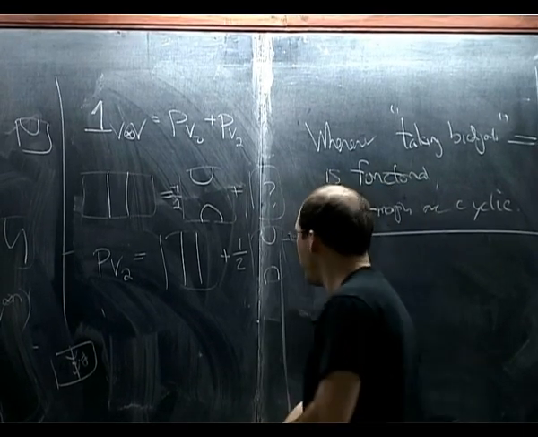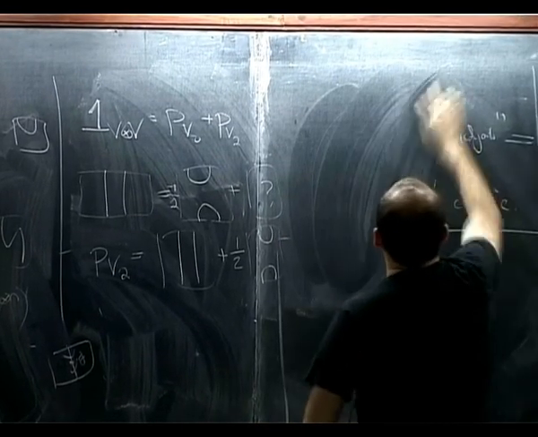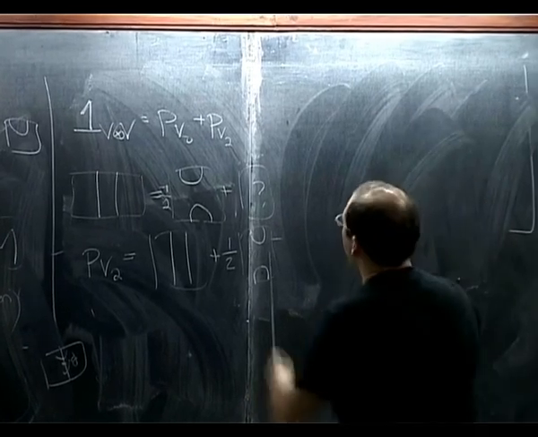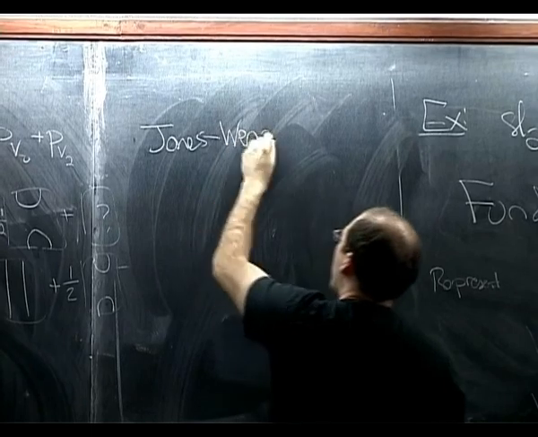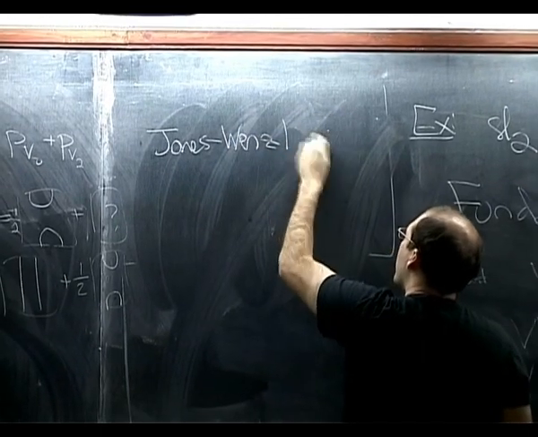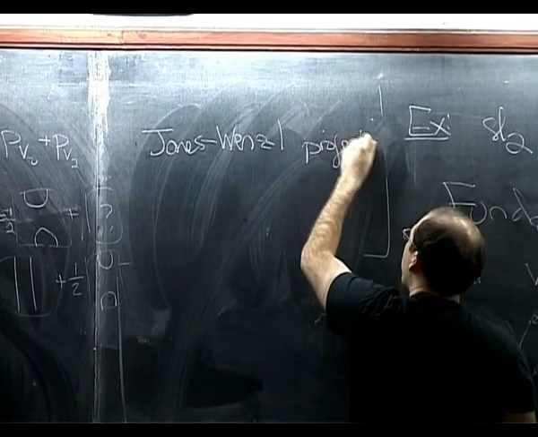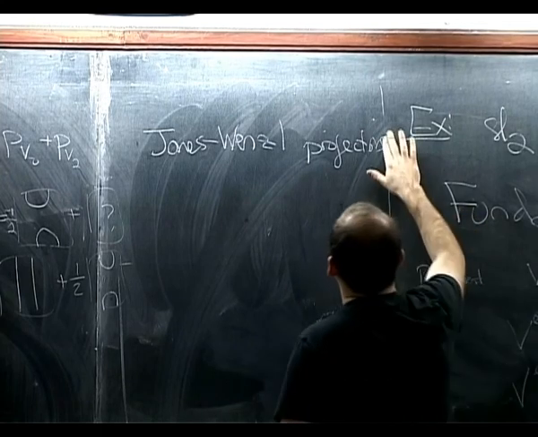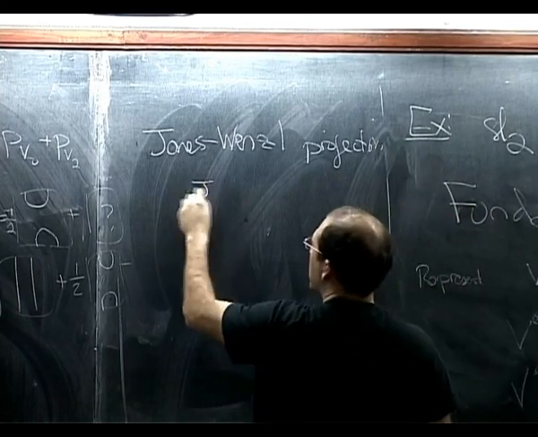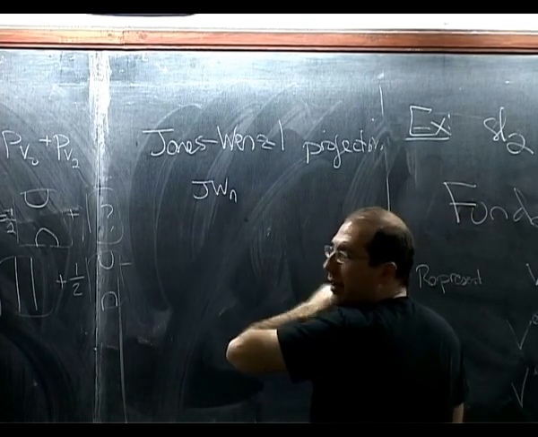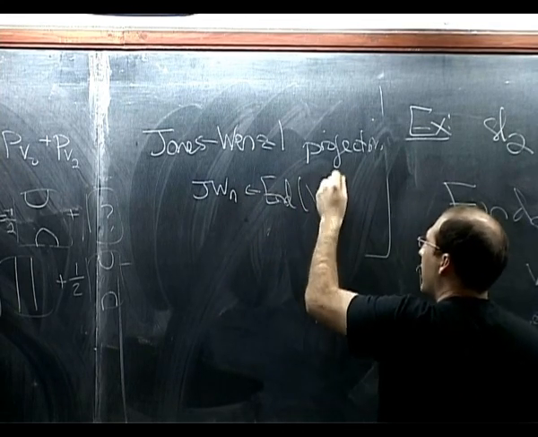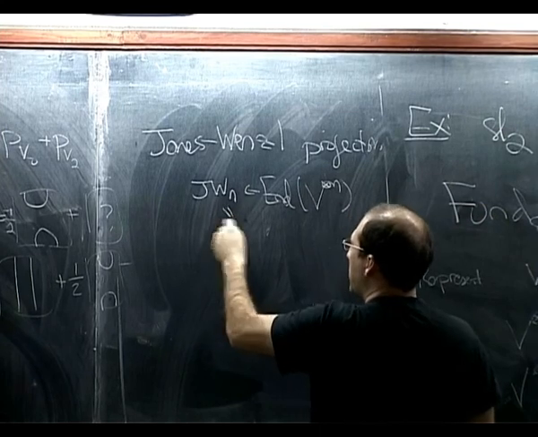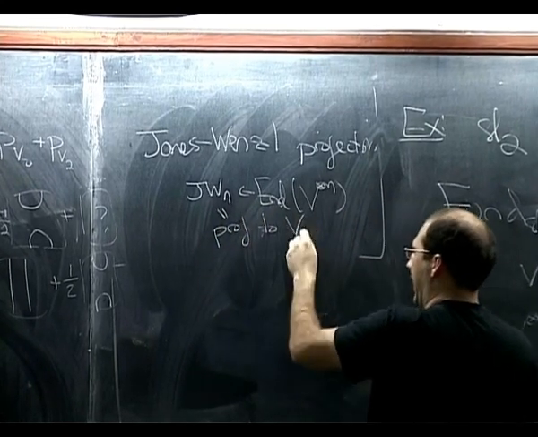So in general, there's this thing called the Jones-Wenzel projector. Both of them basically came up with formulas for this thing. The Jones-Wenzel projector, JWn, lives inside the endomorphisms of V tensor n, and it's the projection to Vn.